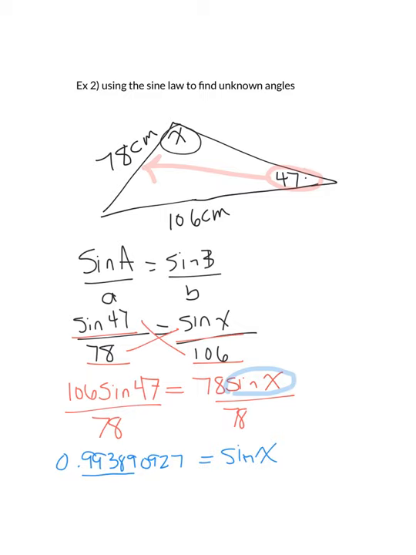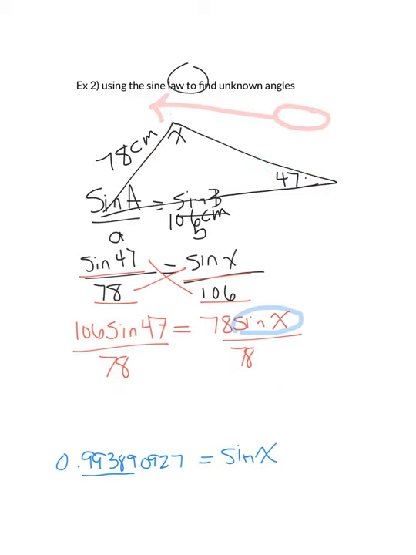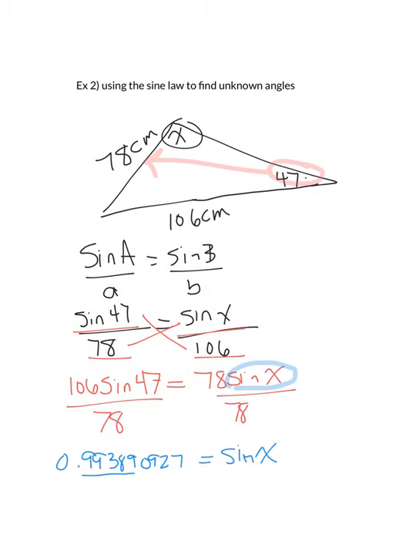You will probably remember from our last chapter that if you are attempting to find an angle, you must use sine inverse. So in order to get x, we will need to do the sine inverse of 0.993890927, and we will get x is equal to 84 degrees.